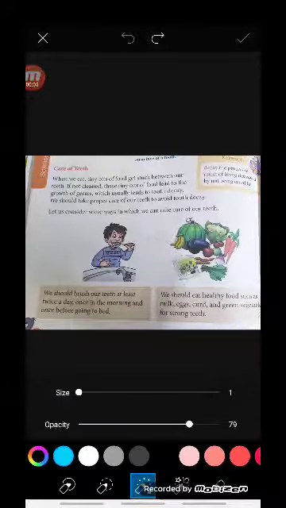The next topic is care of teeth. When we eat, tiny bits of food get stuck between our teeth, and if you do not brush properly, these bits of food are attacked by the germs.